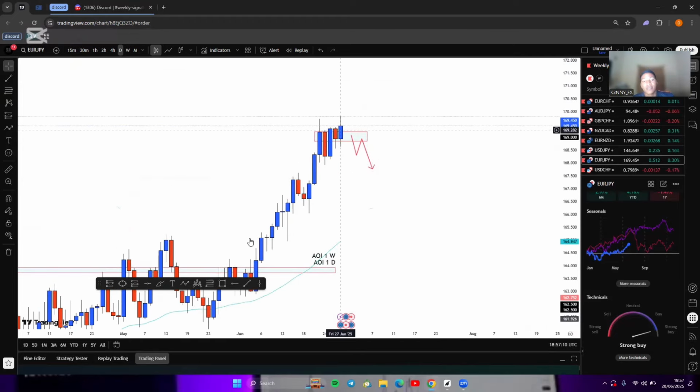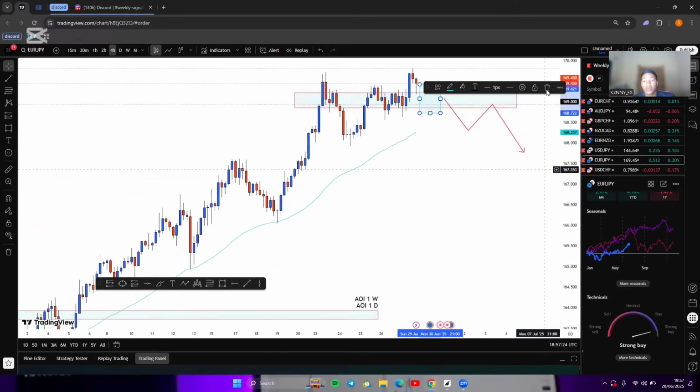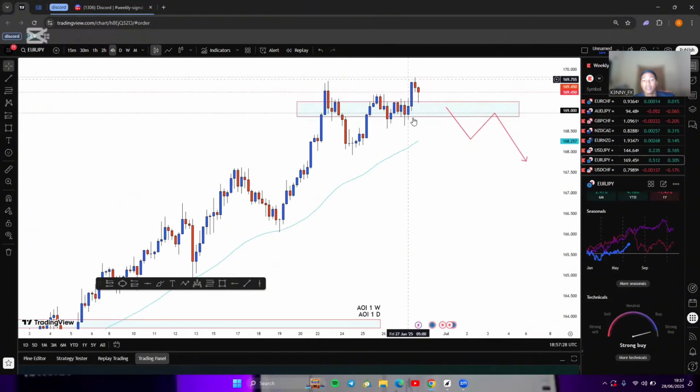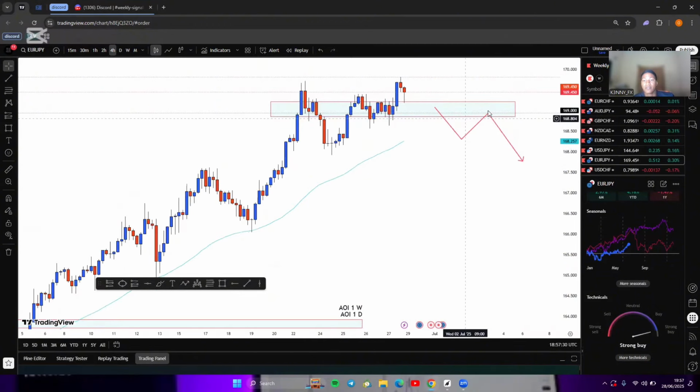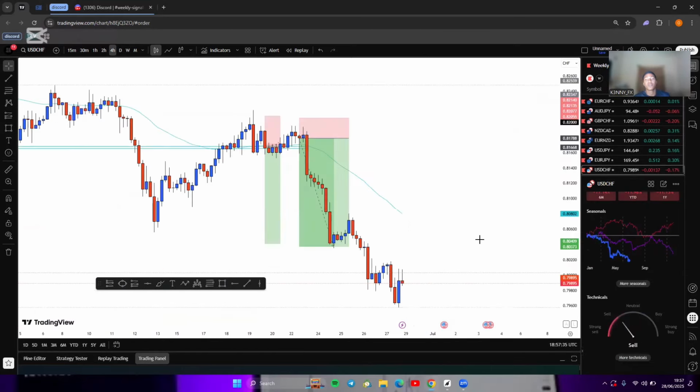Then we will get a daily bearish engulfing. If you see a daily bearish engulfing, we'll be waiting for the retest. Inside that daily bearish engulfing, we'll see the shift of structure on the 4 hour time frame, then we wait for the retest, then we'll sell. As for USDCHF, as I said before, I'm just monitoring this.